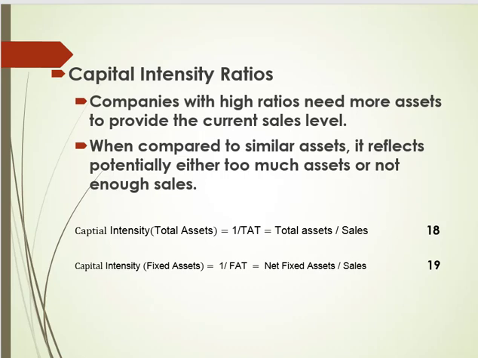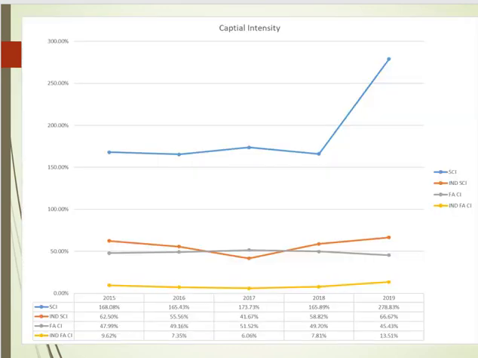High ratios mean the company needs more assets to provide for the current sales level. So it doesn't really reflect either too much or not enough. When you're comparing it to similar companies, it just tells us whether we need to have an asset base that's larger or smaller. So this is capital intensity.